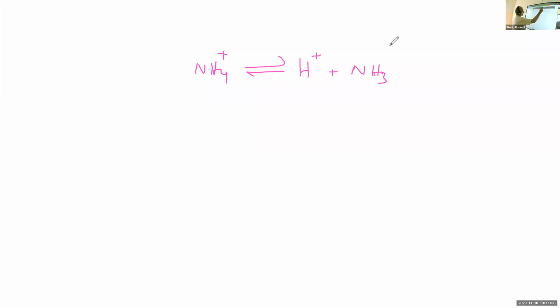So NH4+ ion is an acid. While you take the reverse change, the backward reaction, NH3 ammonia can accept a proton, and the proton acceptor, that's a base. So ammonia is a base.